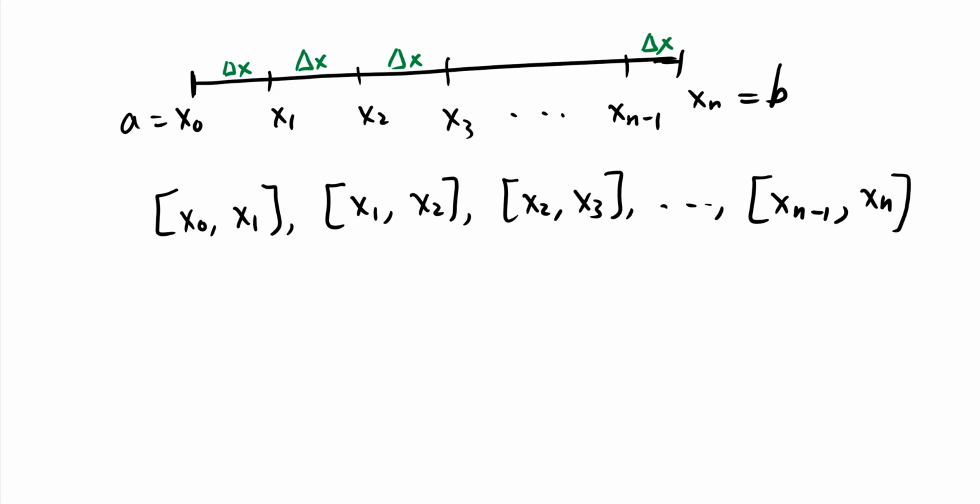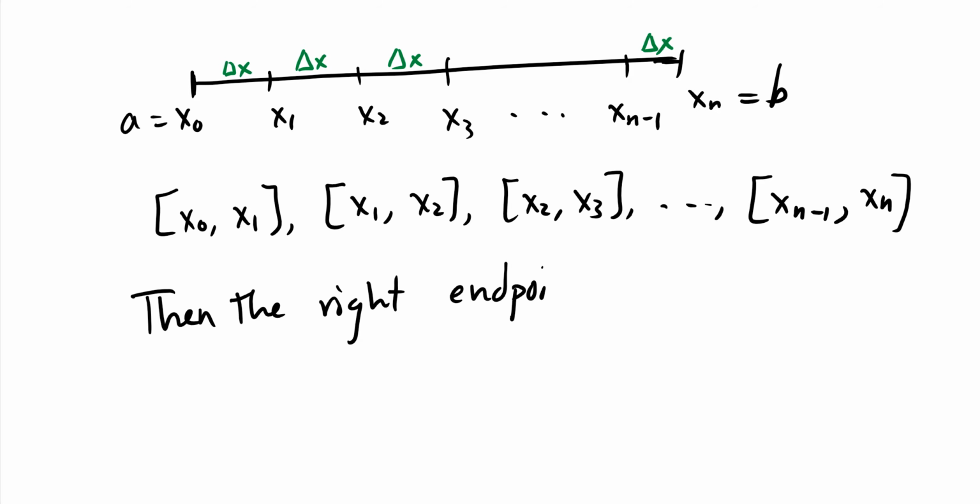We did not use the 0, if you remember. So we can say the right endpoints, if I want to find x1, how do I get x1 if I know a and b? Well, you take x0 and add delta x. How do I find x2?